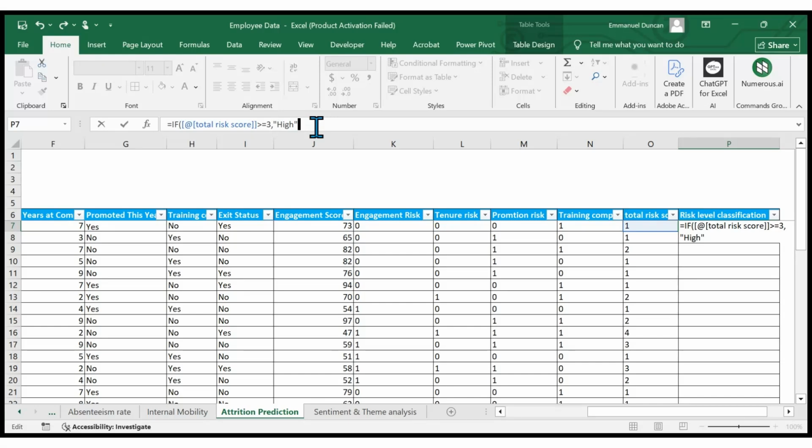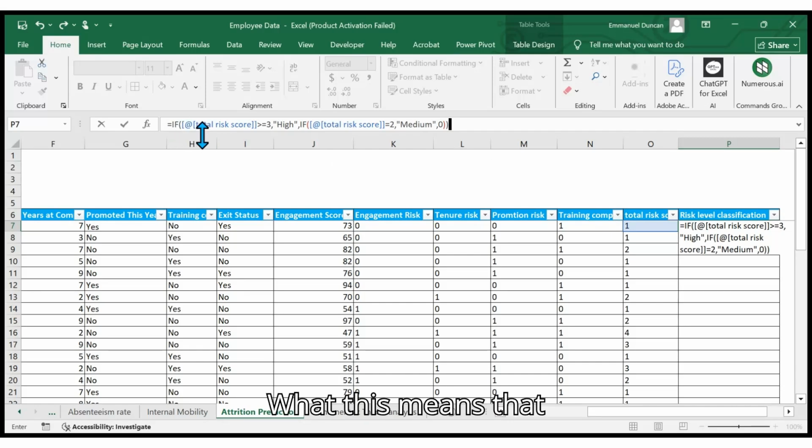If, don't forget your comma. If the total risk score is equal to 2, it's medium. Then if not, 0, double brackets.